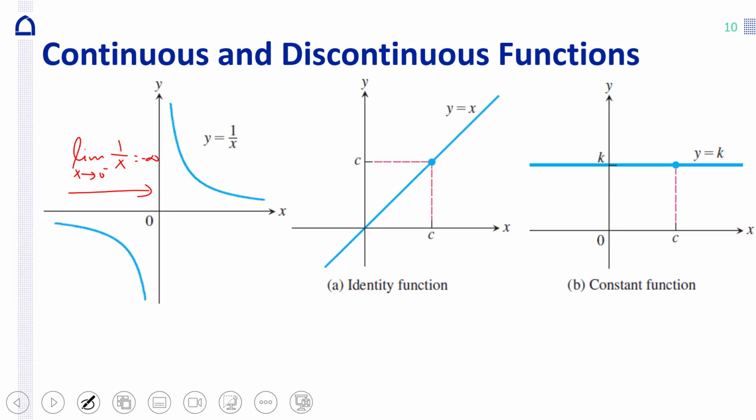But the right limit when x tends to 0 from the right side is infinity because you're going to infinity. They are not equal. So the limit when x tends to 0 for 1 over x doesn't exist.